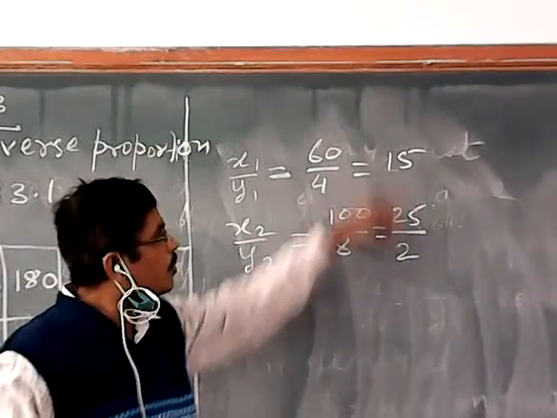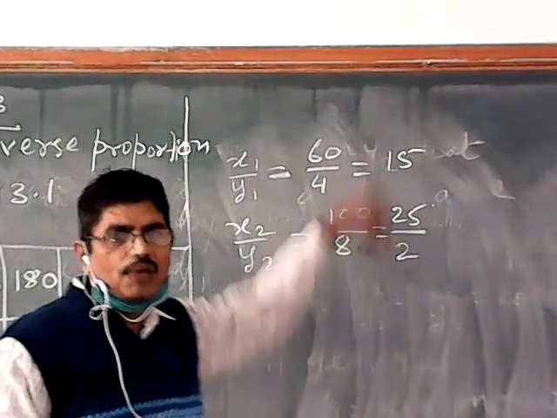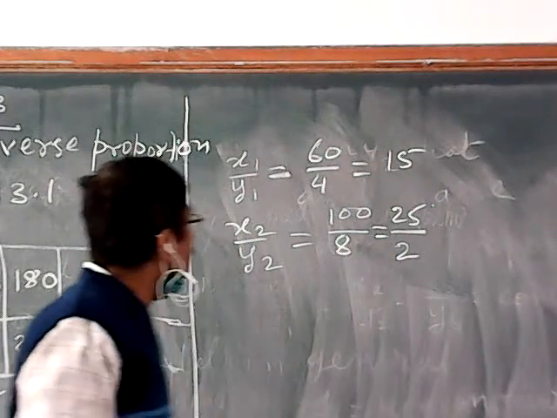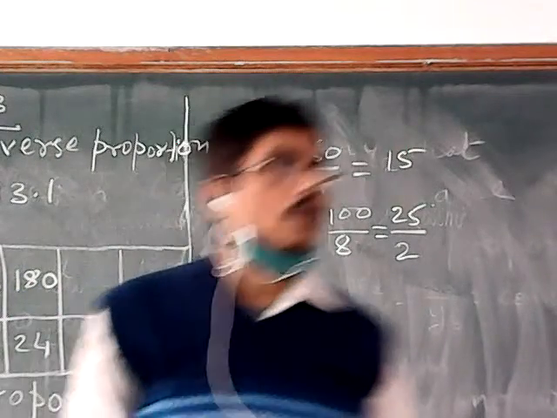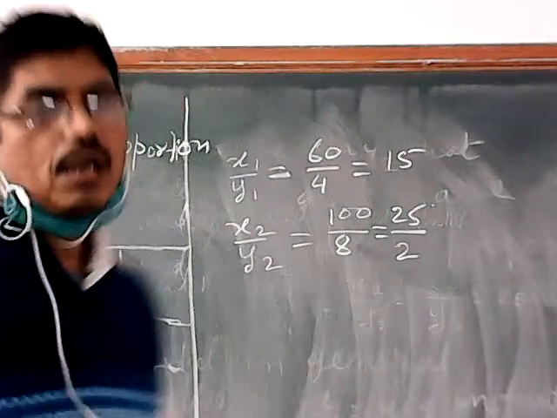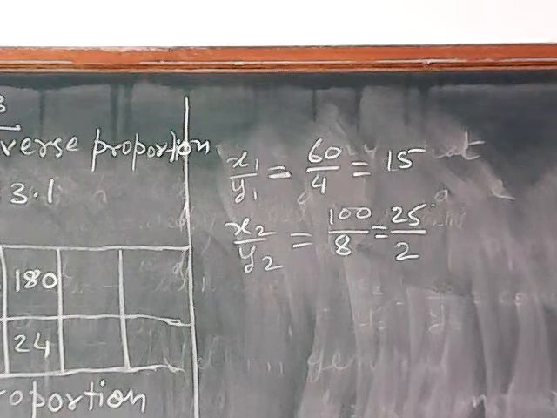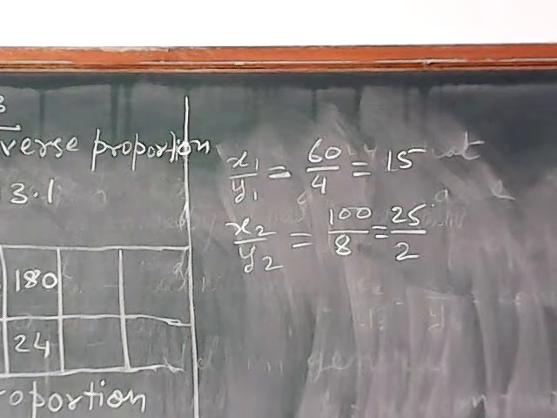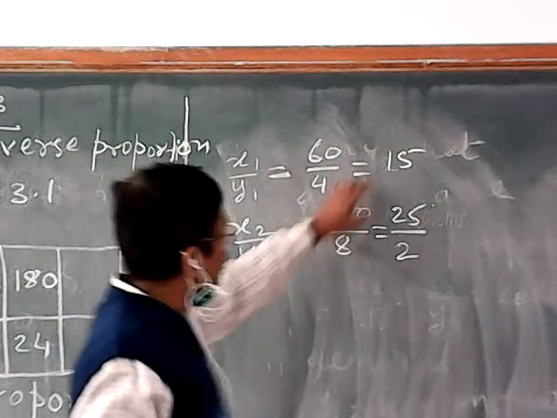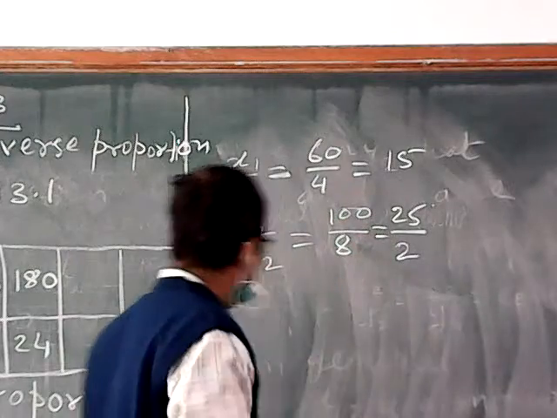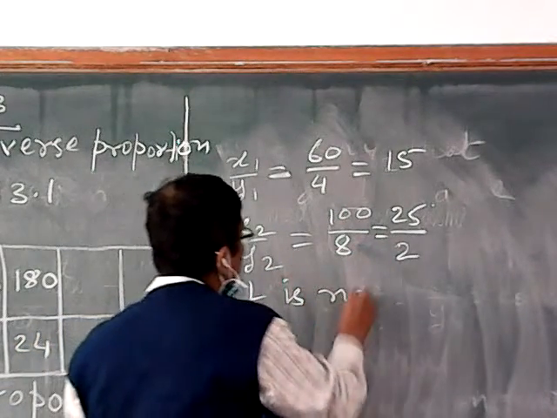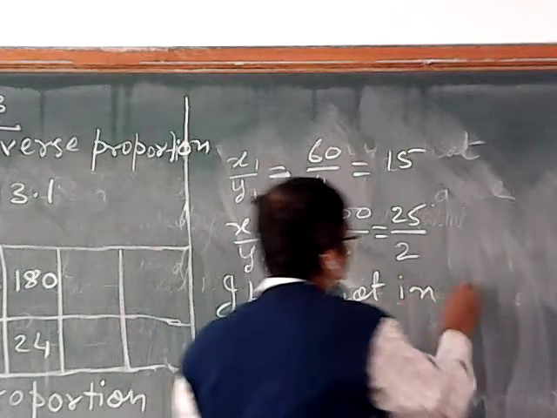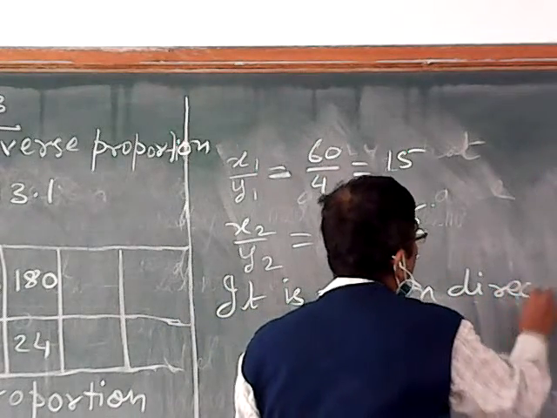Since both are not equal, if we see that all these ratios are not equal, so we can say it is not in direct proportion. Here, already different.